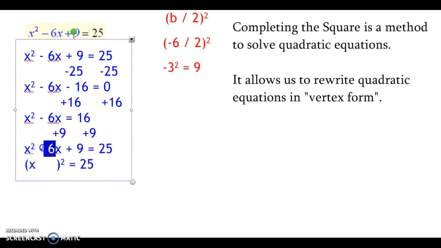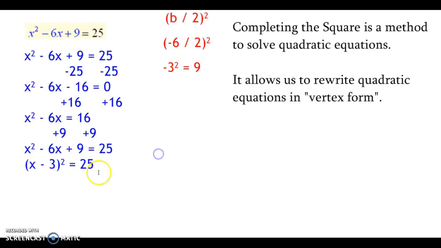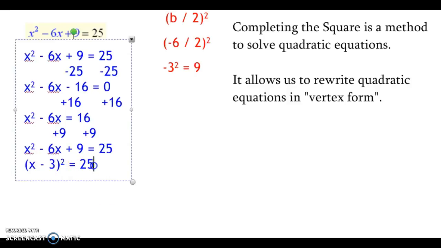So the only number that I can think of that adds to itself to give me negative 6 and multiplies by itself to give me positive 9 is negative 3. If you didn't follow what I just said, you might want to pause the video, rewind it, and re-listen to the explanation because, boy, I am very good at explaining things. Anyway, x minus 3 squared is equal to 25. So what I've done is I've completed my square, my squared binomial.